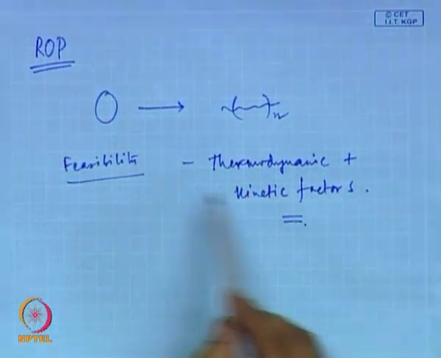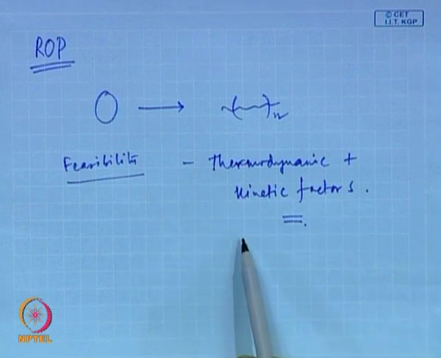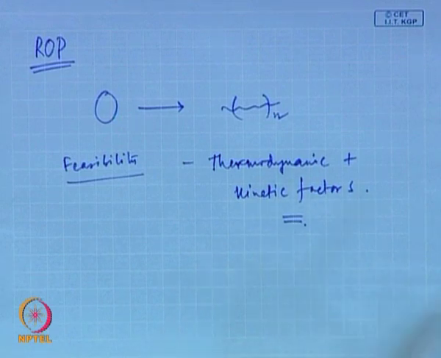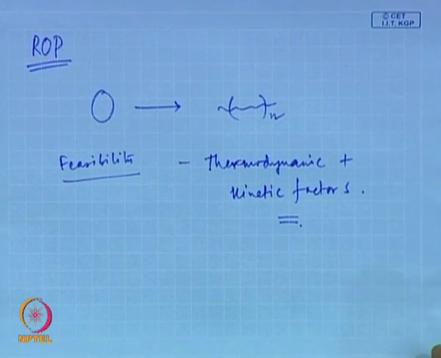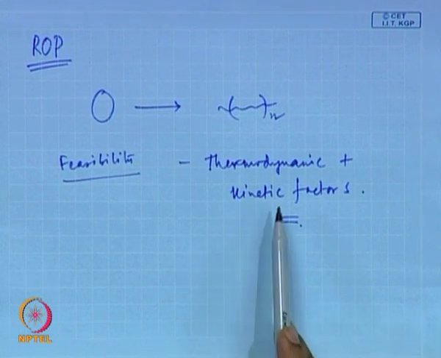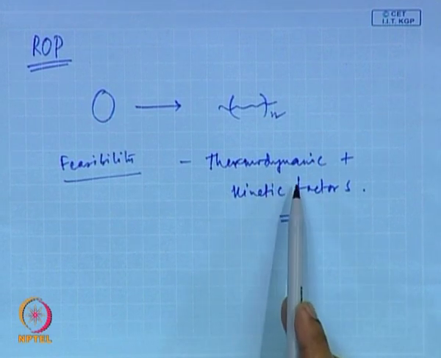We have discussed this thermodynamic factor earlier also, while discussing cyclic formation in step growth polymerization, if you can recollect from about the 4th or 5th or 6th lecture, where we talked about the tendency of cyclic ring formation in step growth polymerization. The same logic applies here about the thermodynamic factor.